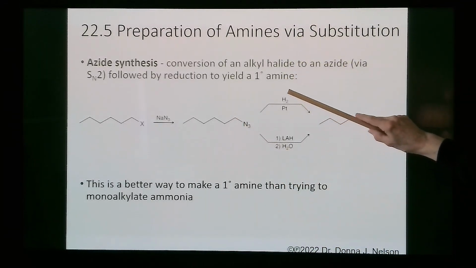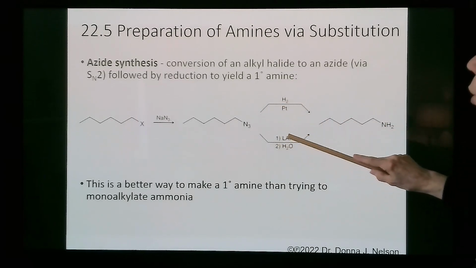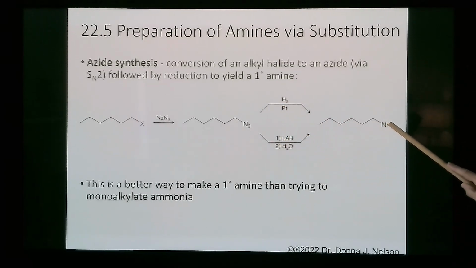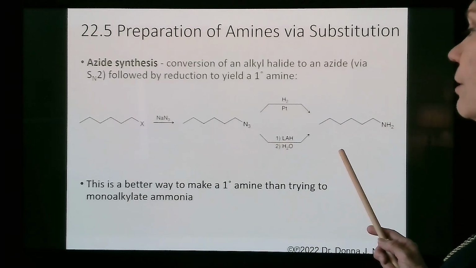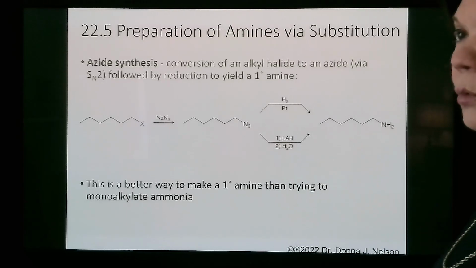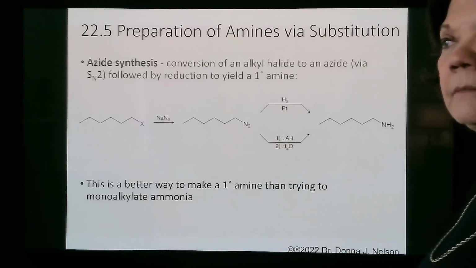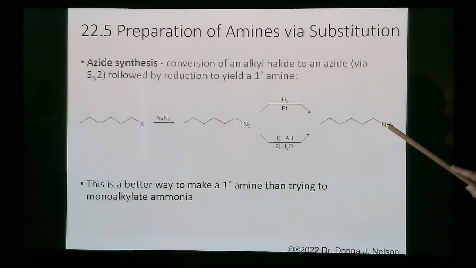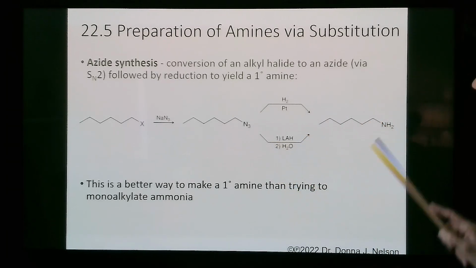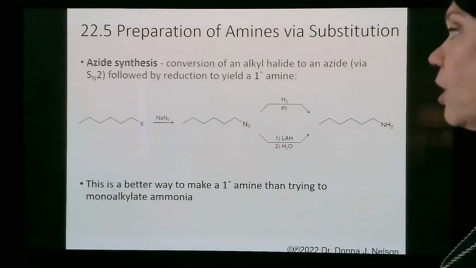And then you simply use catalytic hydrogenation or reduction to give the amine. This is far superior to using methyl iodide if you're trying to make a primary amine. In using this, you'll get a much higher yield of the primary amine.